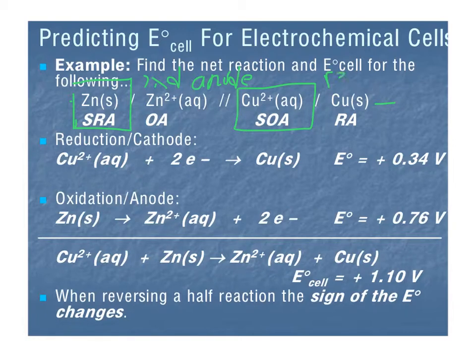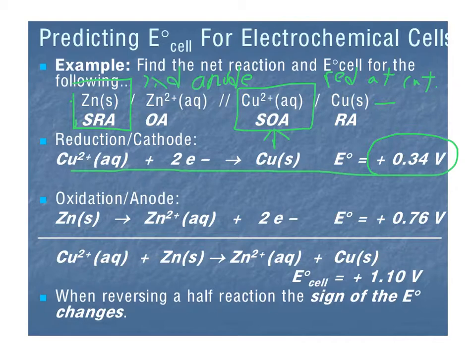It will be reduced at the cathode. Now remember, our table of values in our data booklet and our textbook are reduction potentials. Therefore, we can simply read those values for the reduction of the strongest oxidizing agent at the cathode. And the value there in the table is positive 0.34 volts.